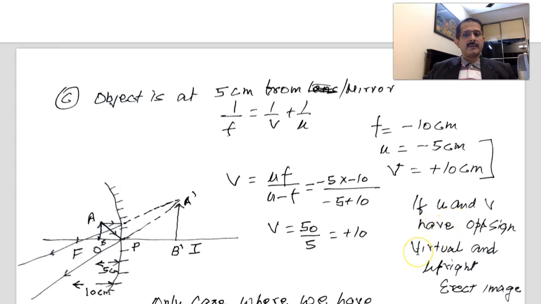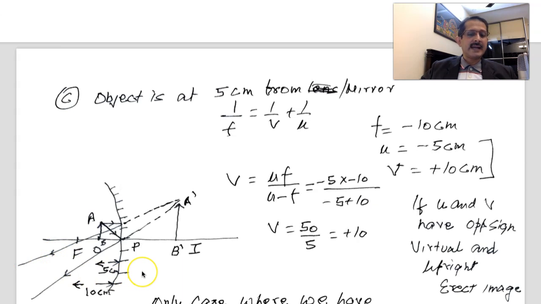Remember, if U and V have opposite signs, the image is virtual and upright, erect. If you see the ray diagram, one ray would go from here parallel to the principal axis, hit the mirror here, and then come back through the focus. The second ray hits the pole and gets reflected, the angle of incidence is equal to the angle of reflection, so it goes this way.